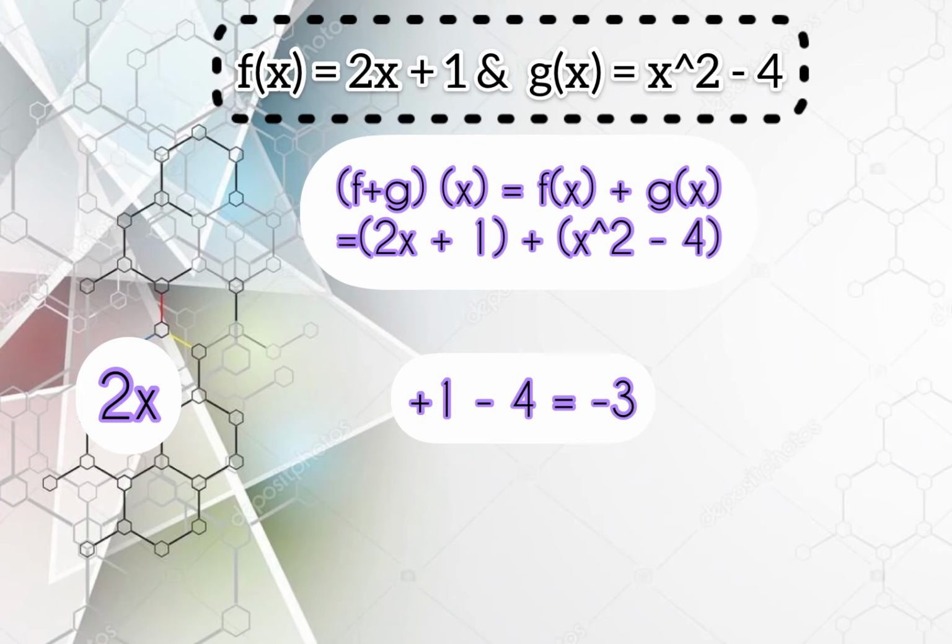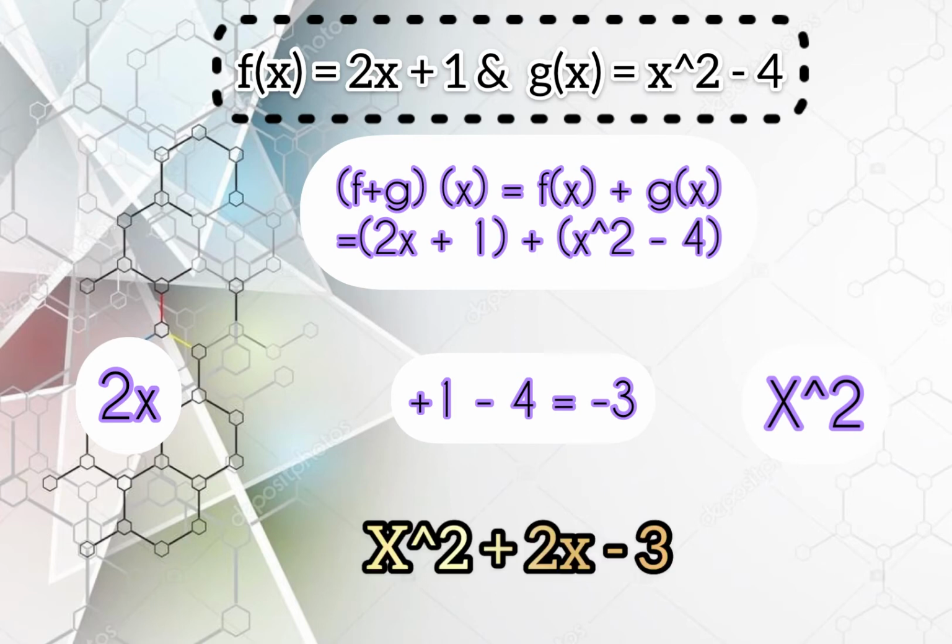Finally we have x to the second power, and we don't have any variable or number or term similar to that with an exponent, so also we leave x to the second power in that form. After this step, we need to organize the answer, and the final answer will be x to the second power plus 2x minus 3. And this is how we solve a function in the sum.